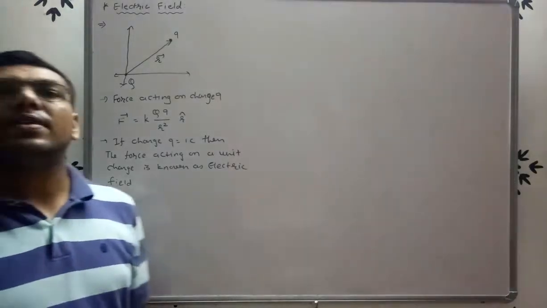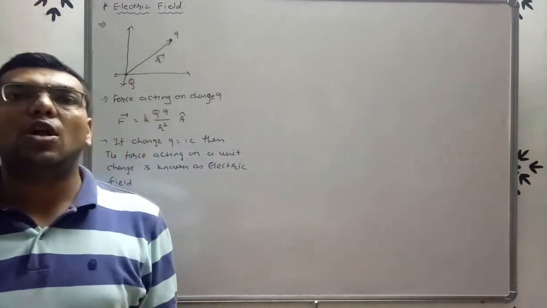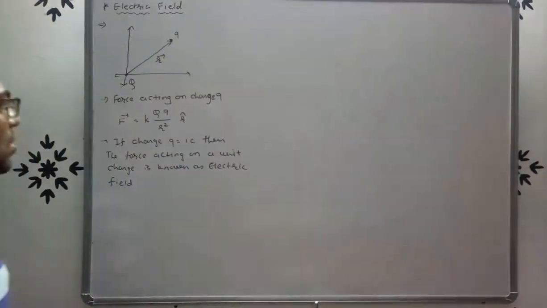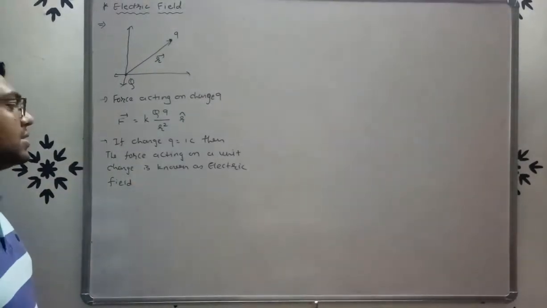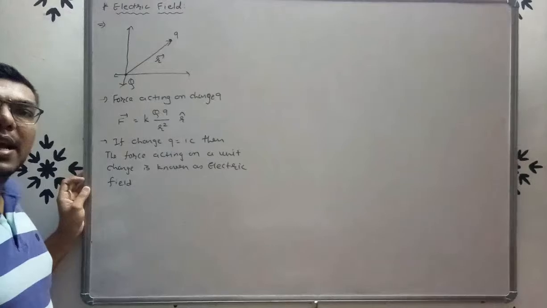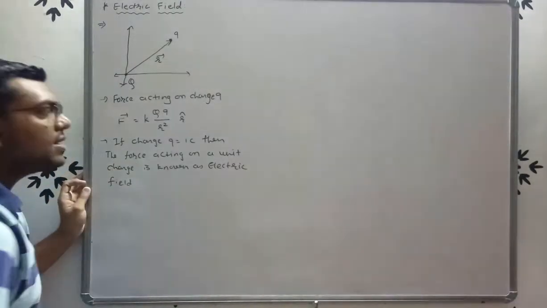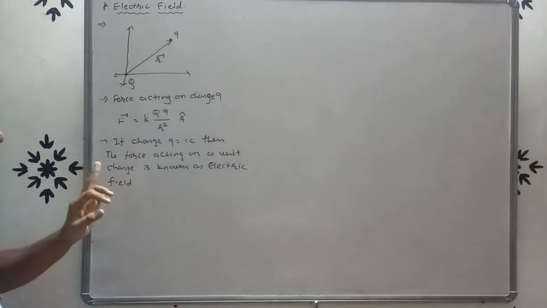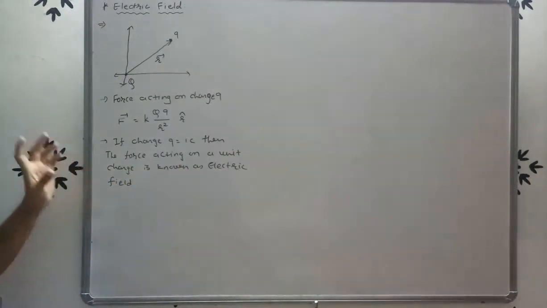So this is the definition of electric field. You have to remember that if small q charge is equal to 1 coulomb, then the force acting on a unit charge is known as the electric field.